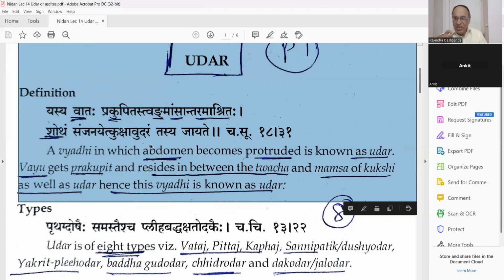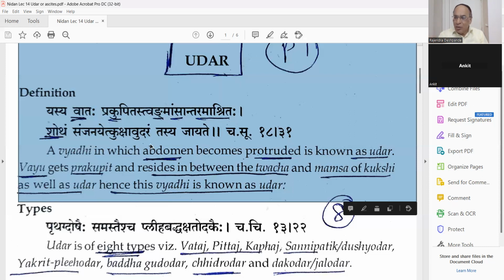Vyadhi Vyavachedaka Nidana. So the examiner will ask you, why are you saying that this is Udara? The examiner will say, no, I think this is fat, he is an obese person. If a lady is there, he will say, no, this is not ascites, she is pregnant.